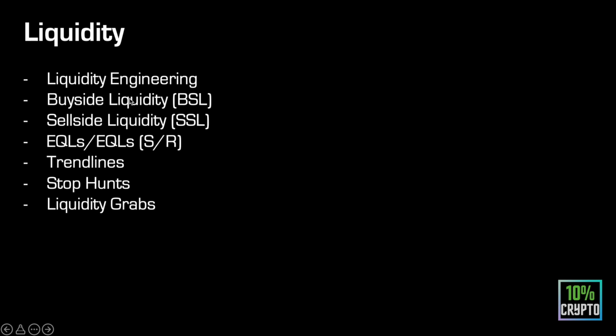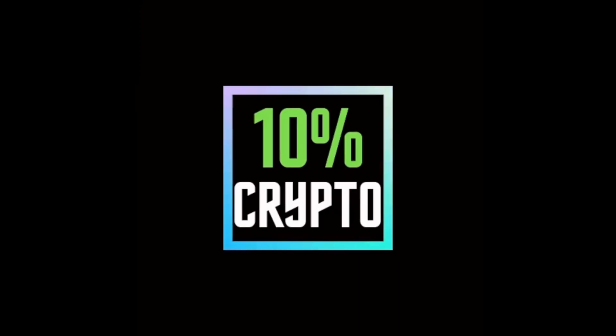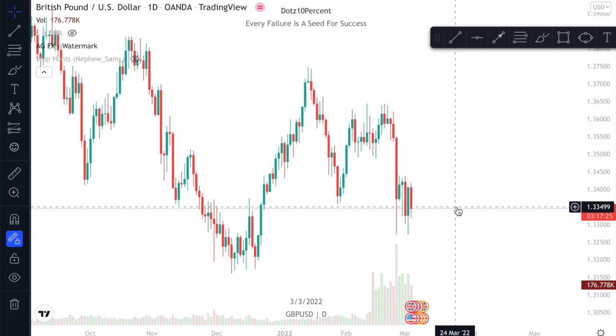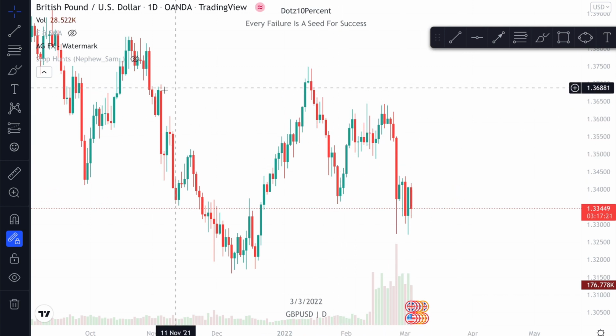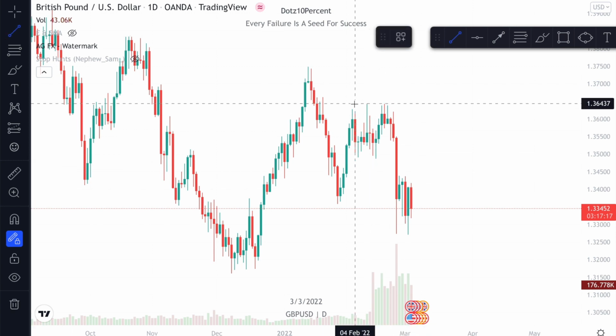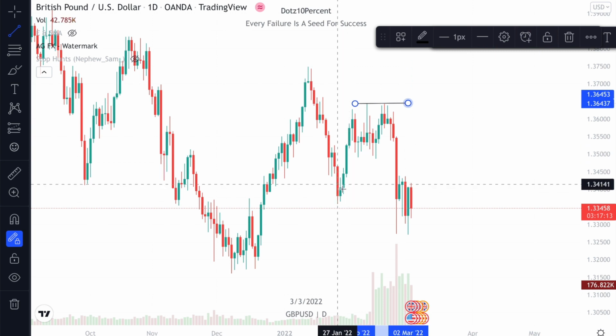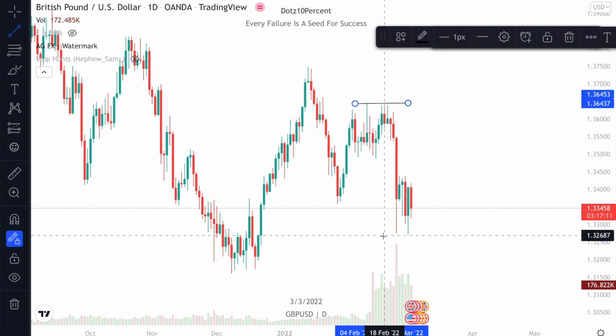So first thing that we're going to go through is buy side and sell side liquidity. So let's get onto it. Okay, so this is GBP/USD, right? I'm just going to mark out some levels, and then we'll talk about why I've marked them out. So let's say there.